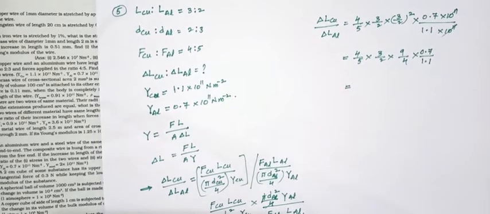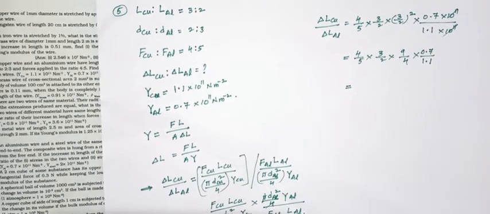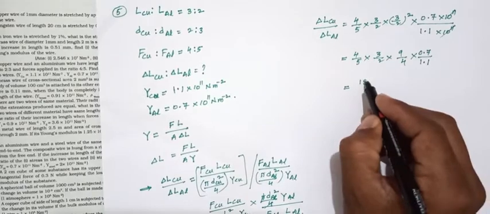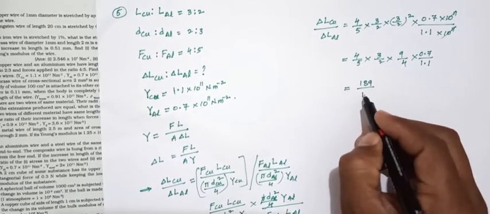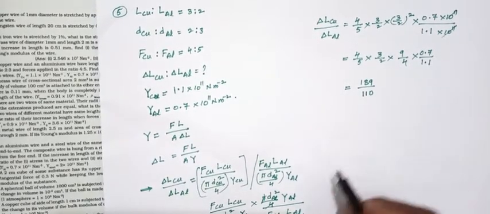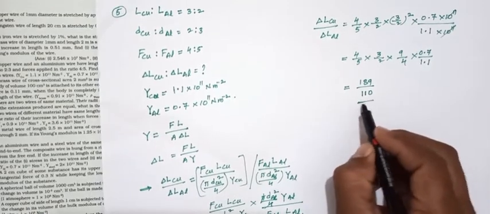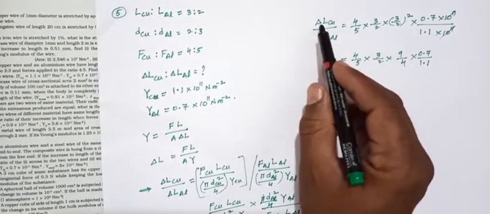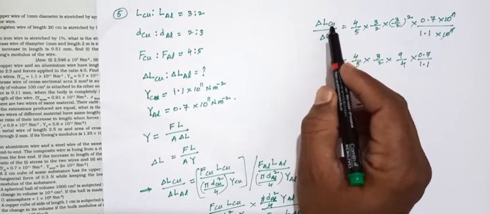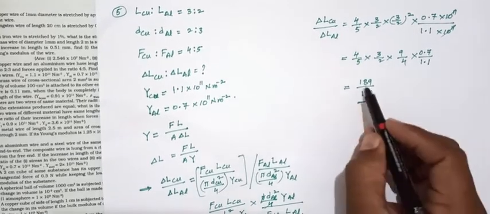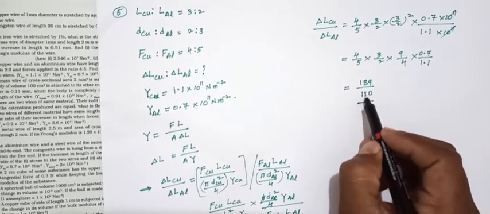The answer is 189 divided by 110. The ratio of change in length of copper and aluminium is 189 divided by 110.